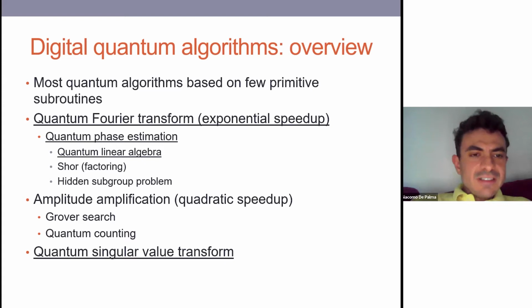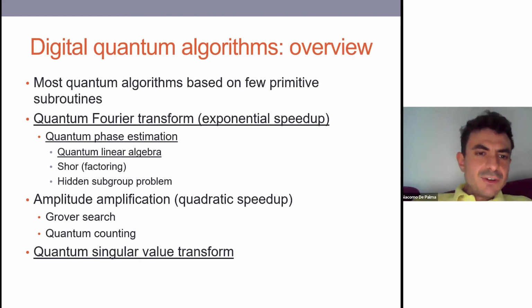Of course, in this case, the success probability will be the square norm of the projection of the state that you produce on the good subspace. Amplitude amplification is a subroutine that gives you a quadratic improvement in this task.